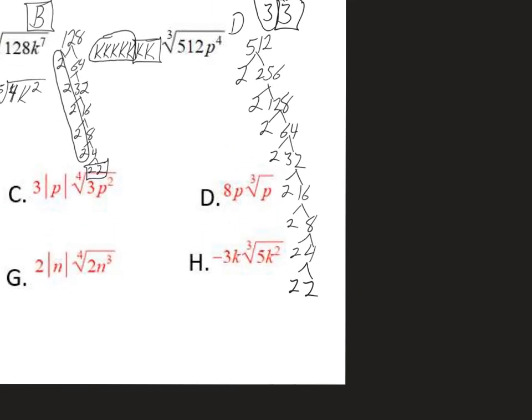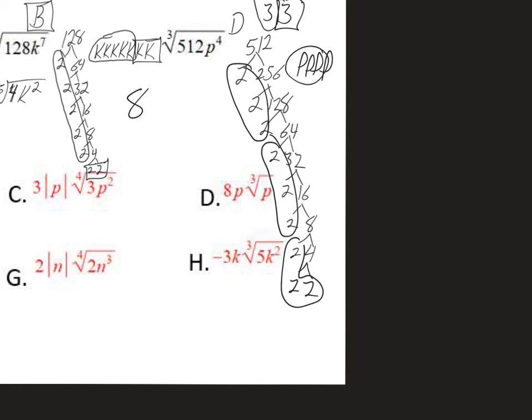We're doing cube root, so that's 1, 2, 3, 1, 2, 3, 1, 2, 3. Okay, that gives me 8. I have 4 p's, 1, 2, 3, 4. I'm circling 3, putting a box around the last one. So that's p cubed root of p, which gives you D.